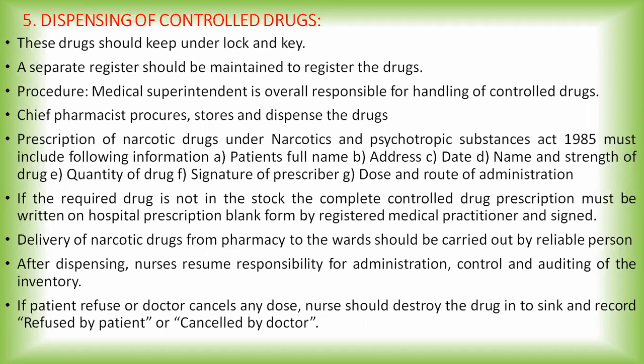If it happens that the required drug is not in the stock, the complete controlled drug prescription must be written on hospital prescription blank form by registered medical practitioner and signed by him.